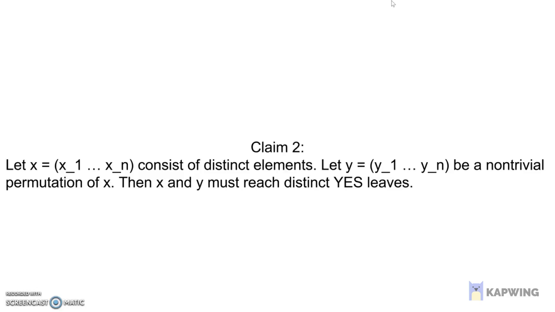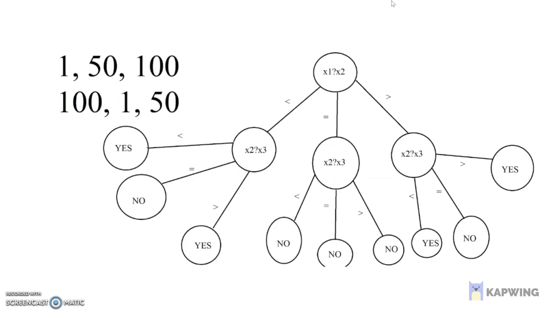With the decision tree example, if you have 1, 50, and 100, and an array of 100, 1, 50, they will end up at different yes leaves. So here if we take 1, 50, 100, 1 is less than 50, 50 is less than 100, so you end up at that yes leaf. Whereas with 100, 1, 50, 100 is greater than 1, and 1 is less than 50, so you end up at a different yes leaf.